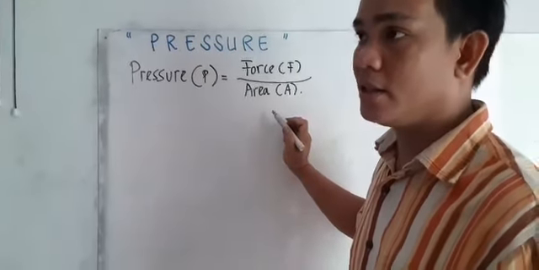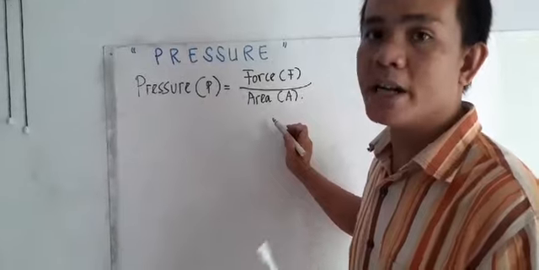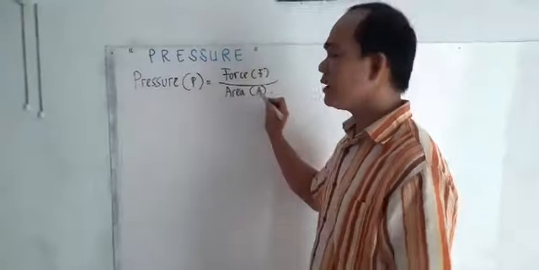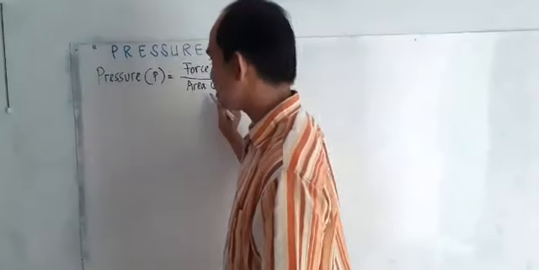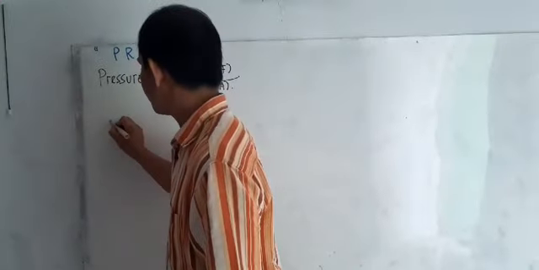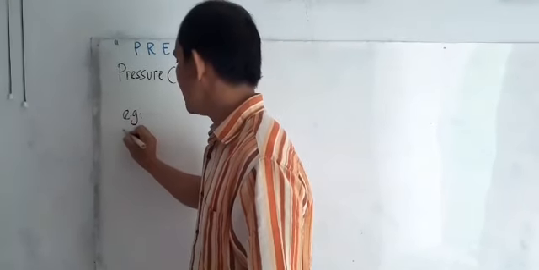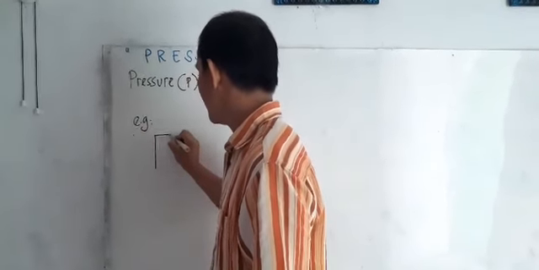That is the force that is caused by the mass of the object itself and the gravity. And the area is the base area. For example, let's say a cube.